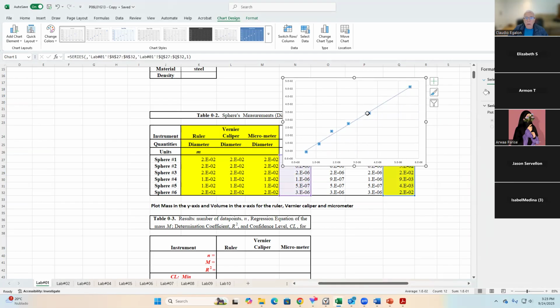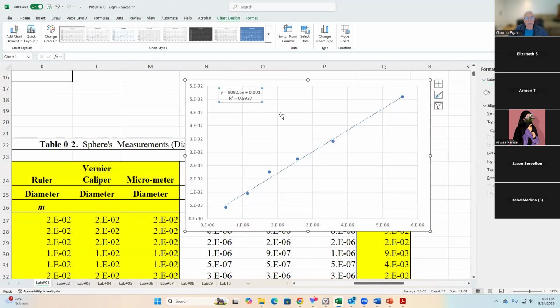We're back. See this pane here on the right side? Once you get this pane, you click display equation on chart, display R-square value on chart. And you should get this equation at the top and the R-square value. In this case, 0.9927. Okay.